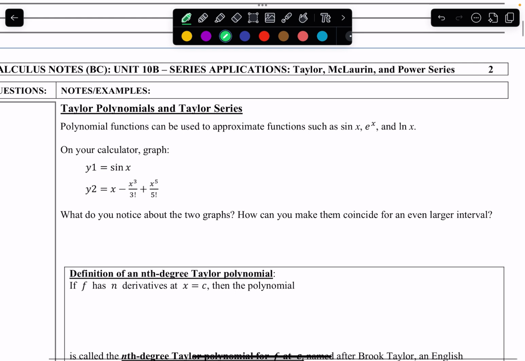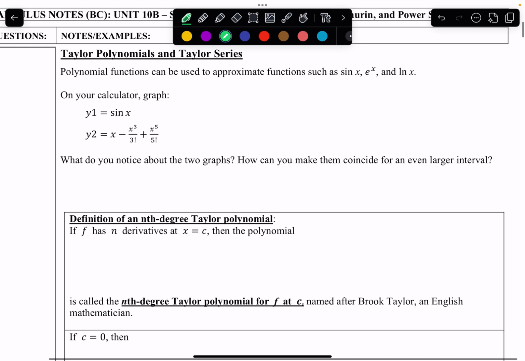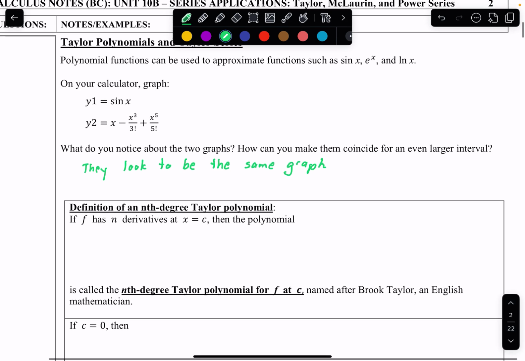All right. So the functions coincide around the origin for sure. They look to be the same graph for a certain interval.